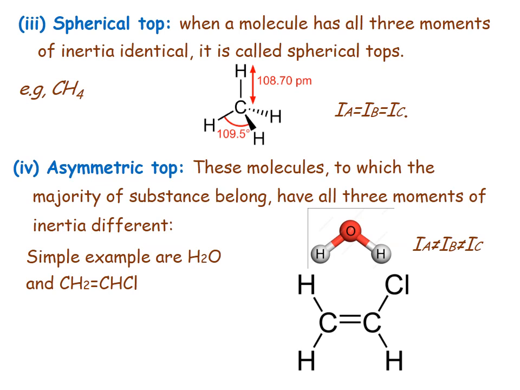We can take two examples here, water and vinyl chloride. As you have just seen, all three are different: IA is not equal to IB and IB is not equal to IC.